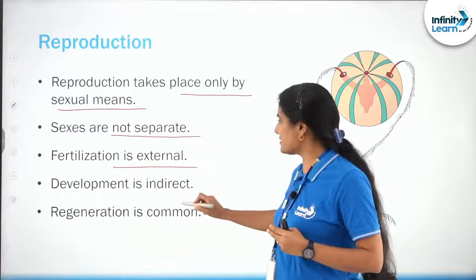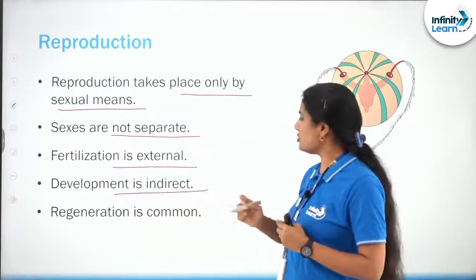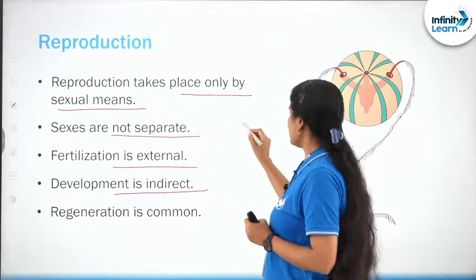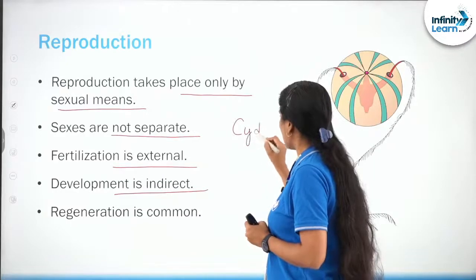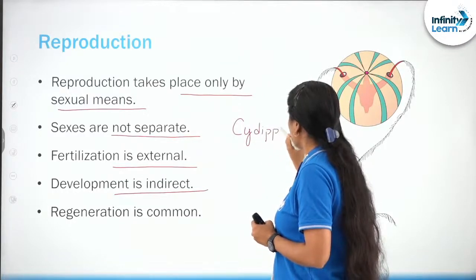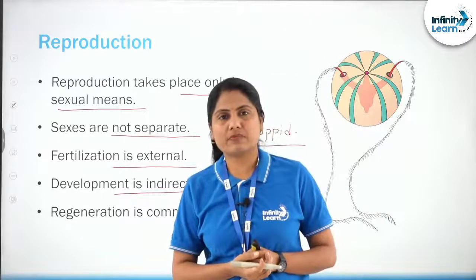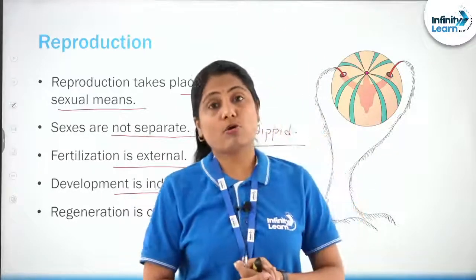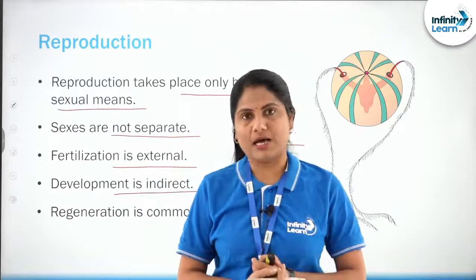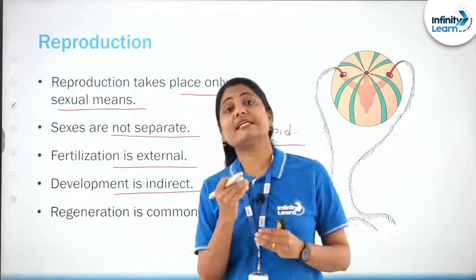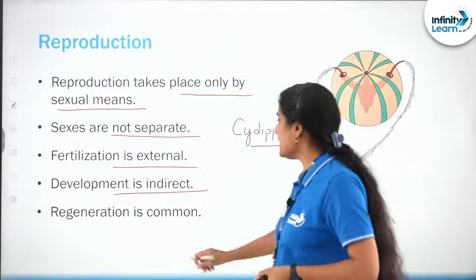Fertilization is going to be external, development is going to be indirect. When we say indirect, there should be some larval form involved, right? Cydippid larva. In Cnidaria also, there's a planula larva involved, which is why it's an indirect development.